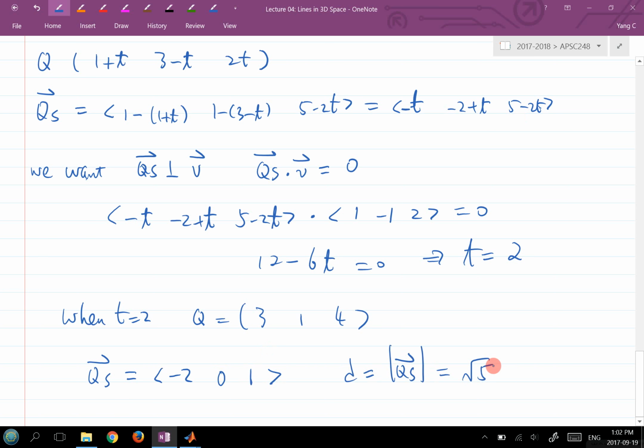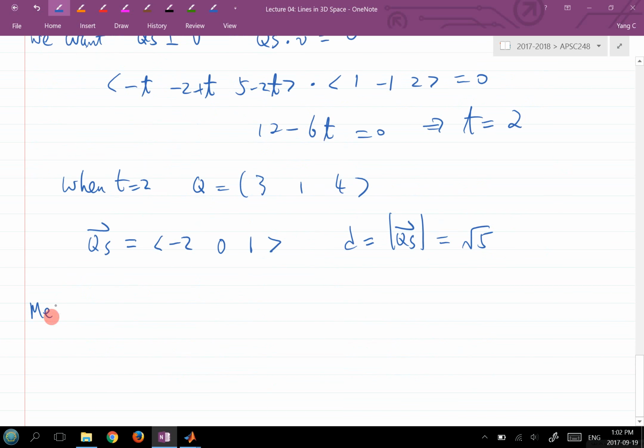Okay, very good. So I think this second one still uses the dot product, right? Can you think of another perspective using the cross product? How would you make use of the cross product to come up with the answer for this one?